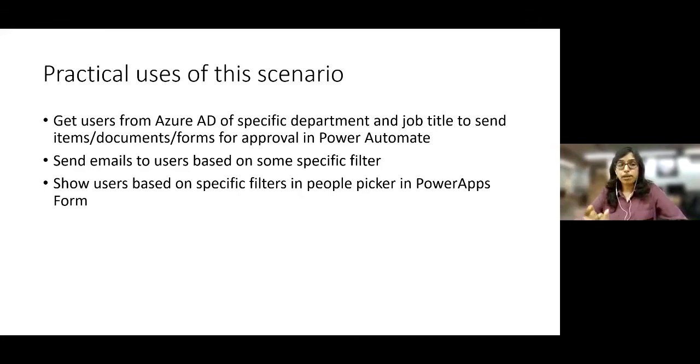If I'm using Power Apps and I have a people picker and I want to show the filtered users in that people picker, then I can use this custom connector in Power Apps. So these are some practical uses of the scenario that I showed you in this demo.